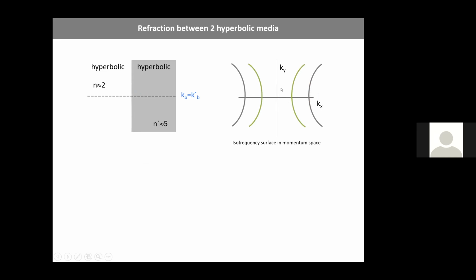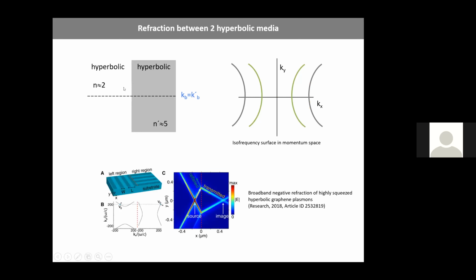So instead of one circle and a hyperbolic curve, we can have two hyperbolic curves. We can have two hyperbolic media by, for example, using this MoO3, which is hyperbolic, but making some trick to create two different effective media. If we do this, there are theoretical works that say you can reach this kind of negative refraction and get really nice focusing.